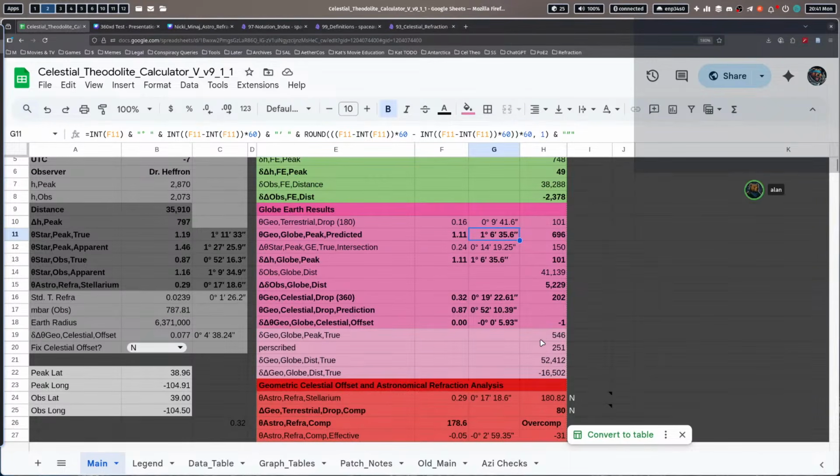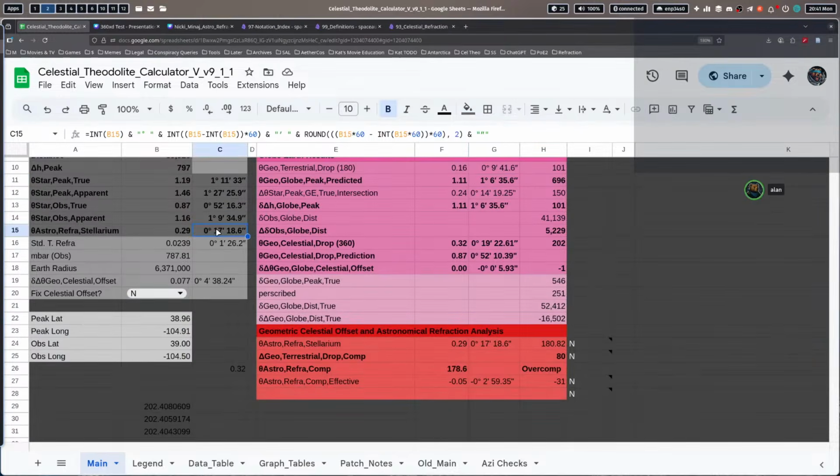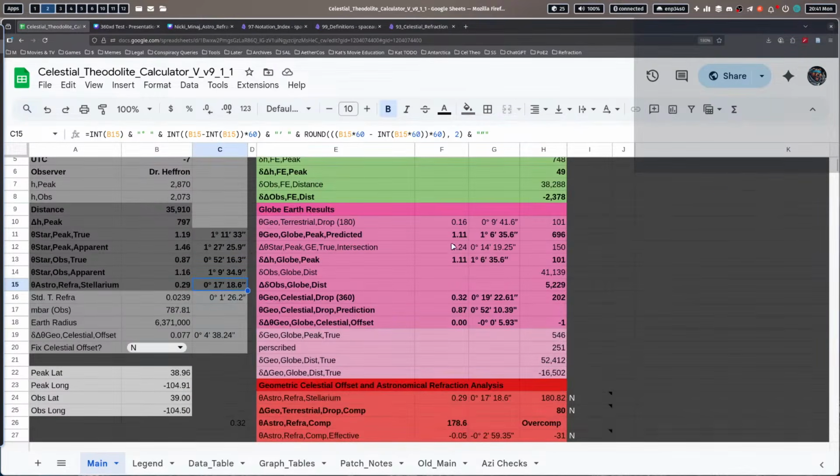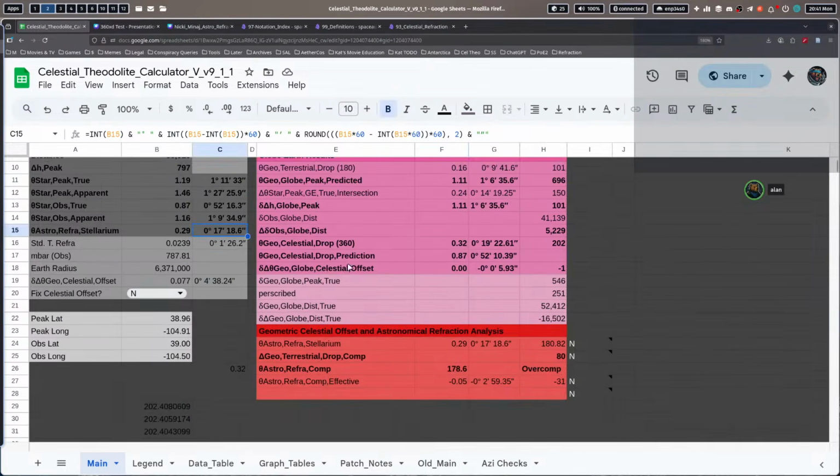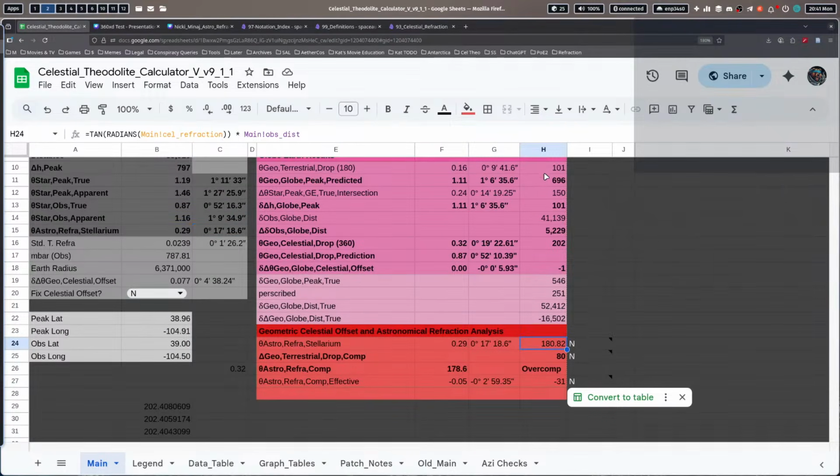Well, they end up compensating for it with 17 arc minutes of lift. So they have 9 minutes of drop, 17 minutes of lift, and that comes out to being 180 meters of lift. So 180 meters minus 100 meters of drop, they're in excess of 80 meters.